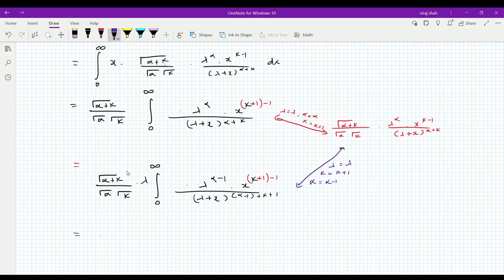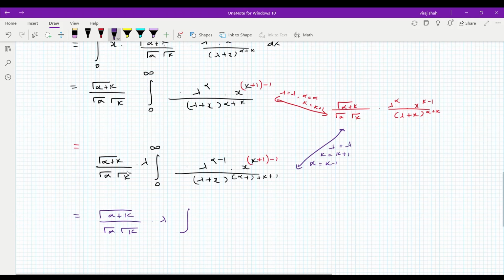It would be nothing but gamma of alpha plus k upon gamma of alpha gamma of k multiplied by lambda, integration from 0 to infinity lambda raised to alpha minus 1 into x raised to k plus 1 minus 1 upon lambda plus x raised to alpha minus 1 plus k plus 1.